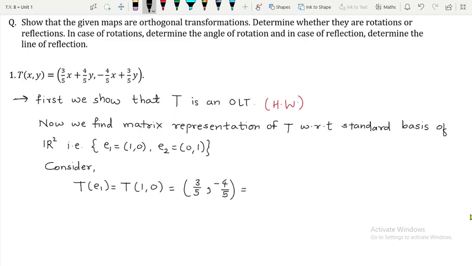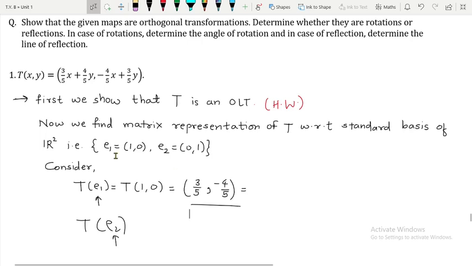So how do we find the matrix representation with respect to a given basis? Here we are taking the basis of the domain as the standard basis, and the basis of the codomain also the standard basis. So we take T of E1 and we will take T of E2. This E1 and E2 are the basis of the domain, and now we are going to express this 3 upon 5 and minus 4 upon 5 again as a linear combination of E1 and E2.